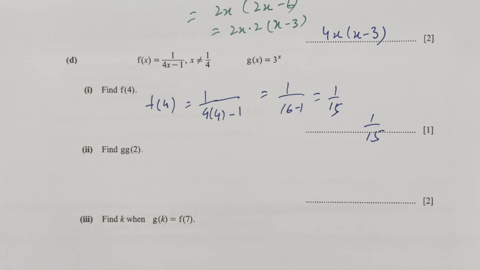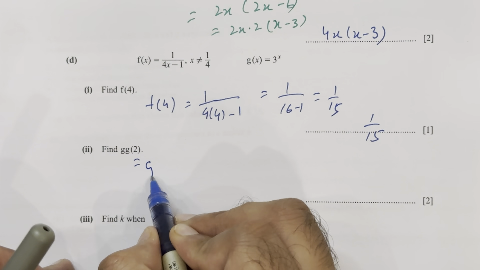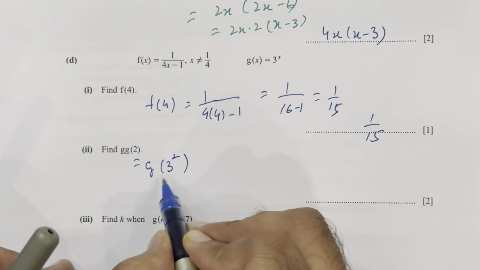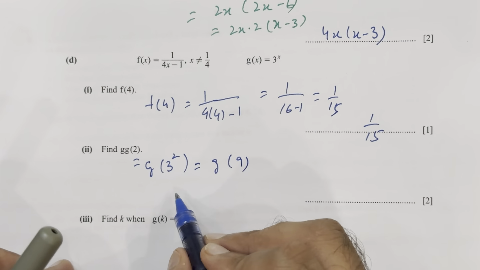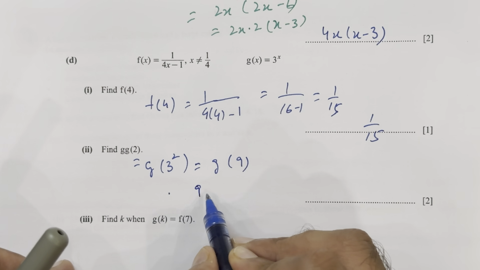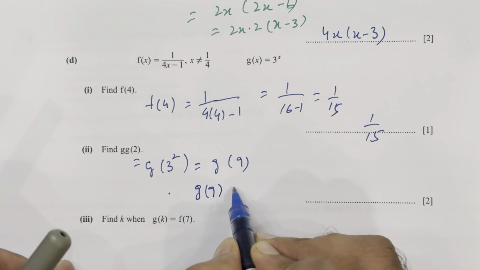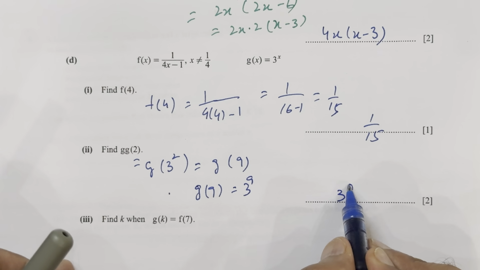Find g of 2. G of 2 would be equal to g of 3 square. Then it would be g of 9. Then g of 9 would be equal to 3 raised to power 9, and this would be our answer.